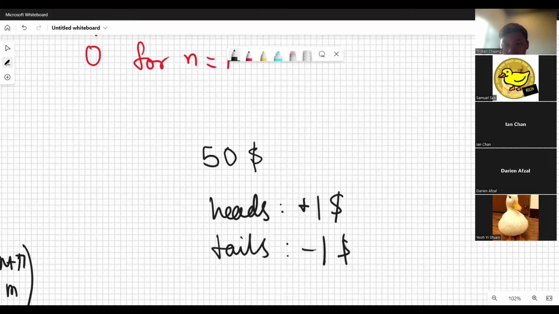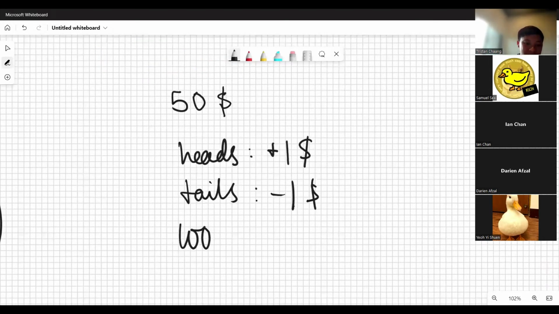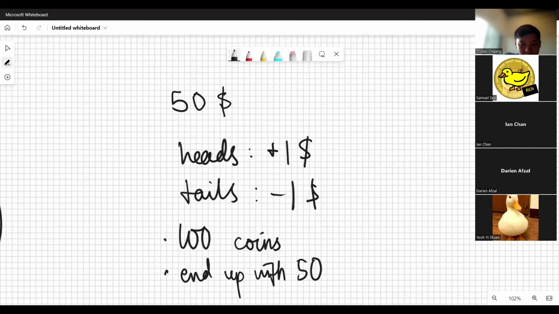Okay, so now we have a very specific scenario we're going to look at. You want to see how many possible scenarios there are so that you tossed 100 coins and end up with 50 again.